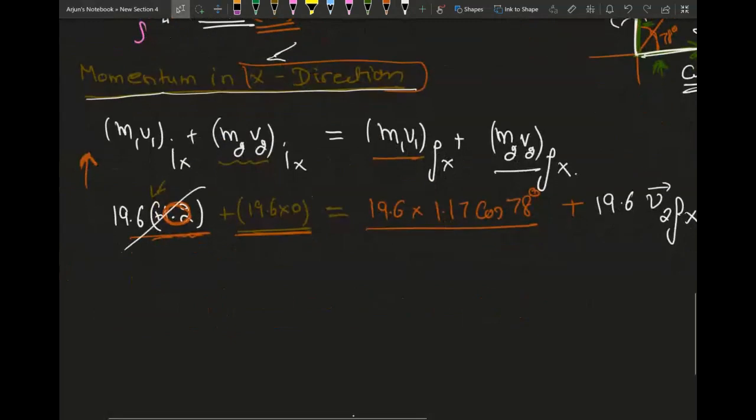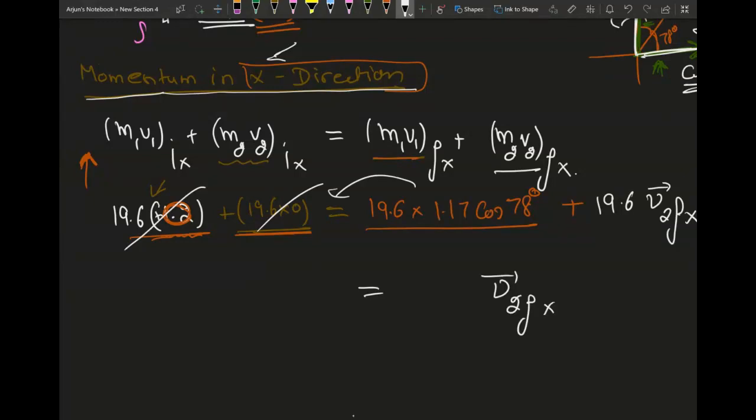Now, once you solve this, this is 0, this is 0, this is going to move to the other side. So if this moves to the other side, you will be able to find V2 final X by moving it like this: 19.6 times 1.17 cos of 78 divided by 19.6.